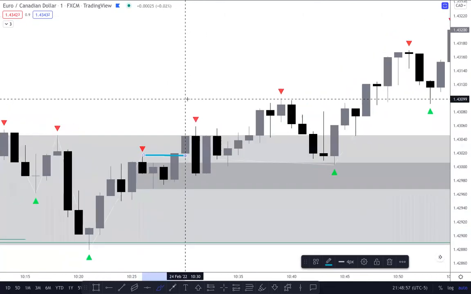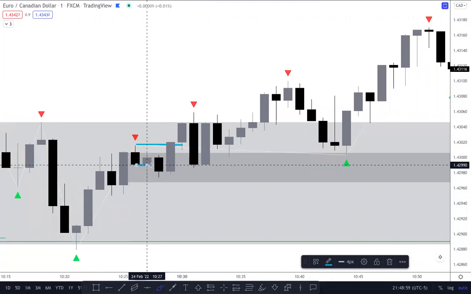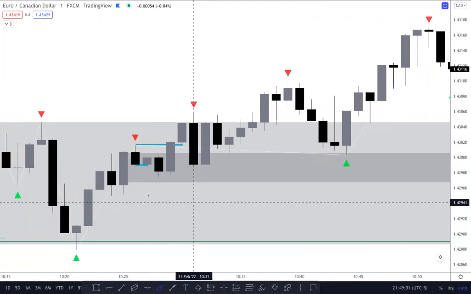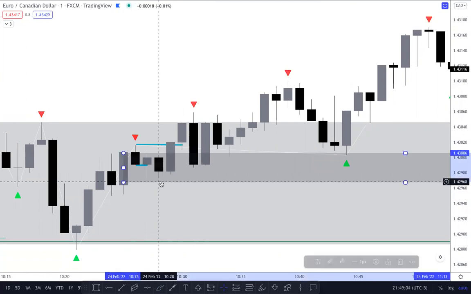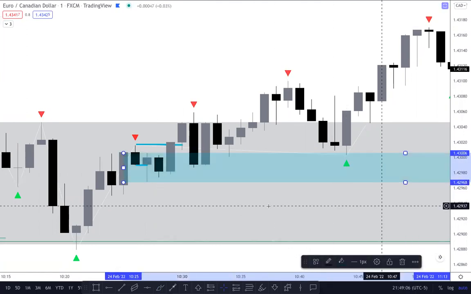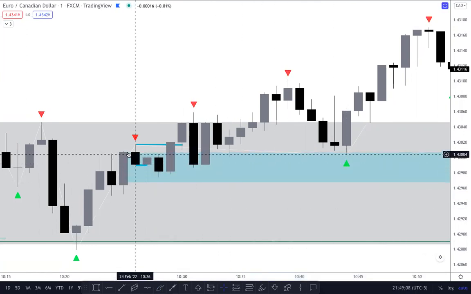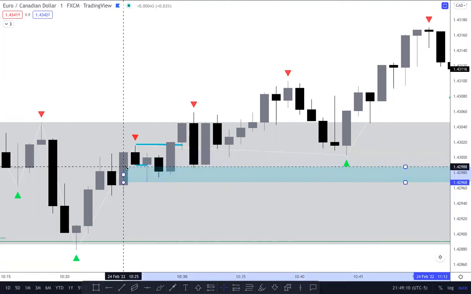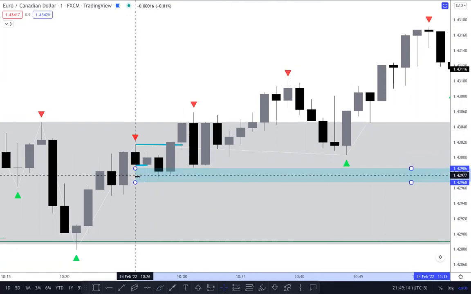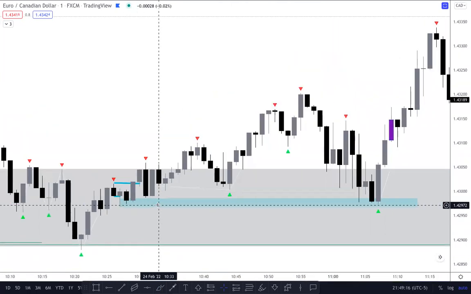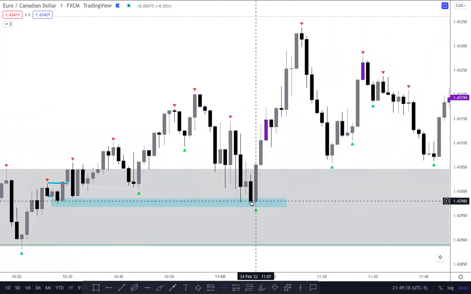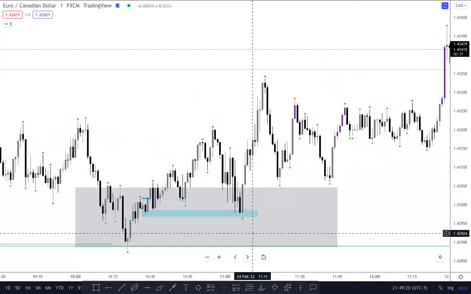Where was the first candle to sweep? Right here. That would be this candle, which means that this candle is our utmost refinement. On top of all this got mitigated already, so we need to drag down what has already been mitigated and has been left unmitigated. And we would have got a stupid entry on this right here.